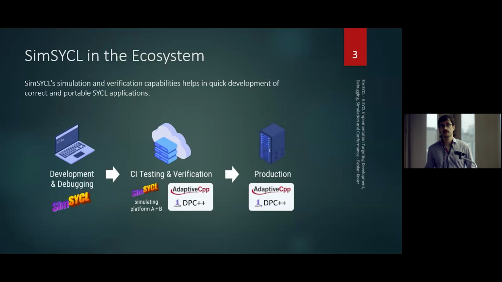And then in the next stage, where you're doing things like continuous testing or verification in your CI pipeline, you want to be able to simulate different platforms and different devices in order to make sure that whatever change you just made is actually portable to all the hardware that your program is intended to support at some point.